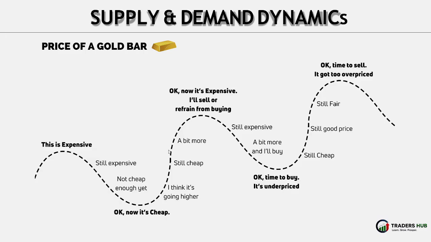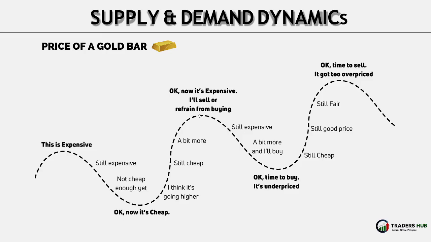And on this level, since we have now passed the last expensive area, it is now getting what? Expensive. When it got to this level, you can clearly see that we've passed the previous expensive level, and for that reason you can now start to sell from this zone, because it is now expensive.